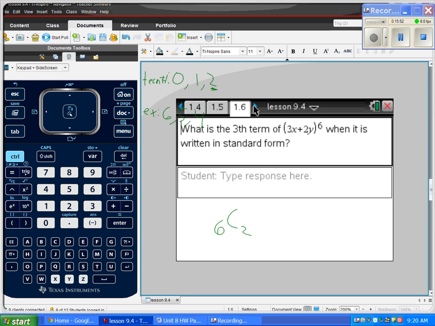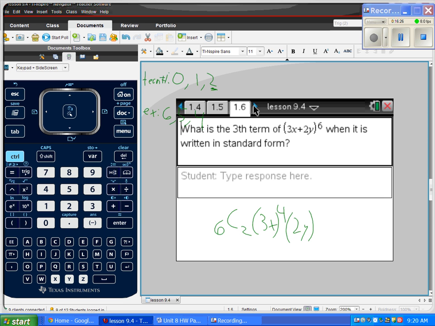The 6? Right here. What is the thing in my x position? 3x. And I'm going to raise it to the 4th power. Perfect. We want the term where the x is going to be at the 4th power. That's what this is, the exponent. What's in my y position? 2y.